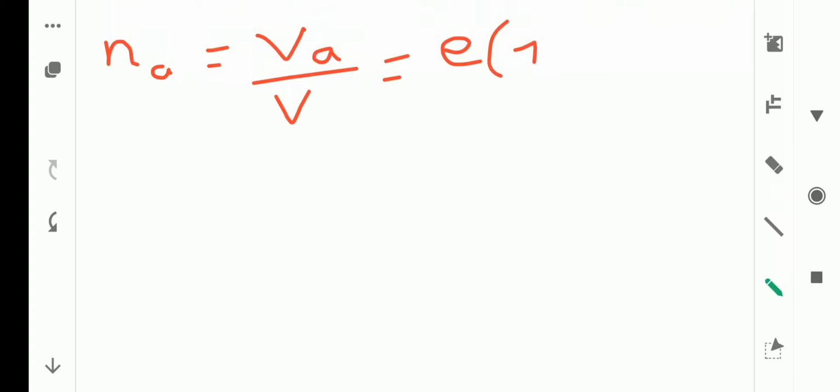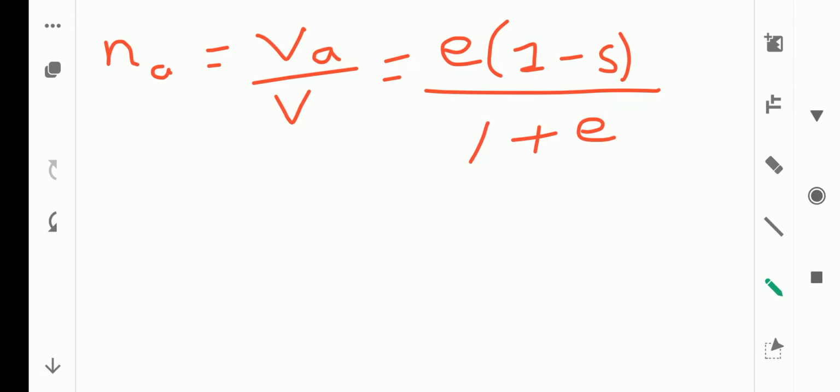Now let us see percentage air voids. We denote it by na. We have studied it in our previous videos, and it is volume of air by total volume. It is equal to volume of air, e into (1 minus S), divided by total volume. What is the total volume? Total volume is 1 plus e. Correct?